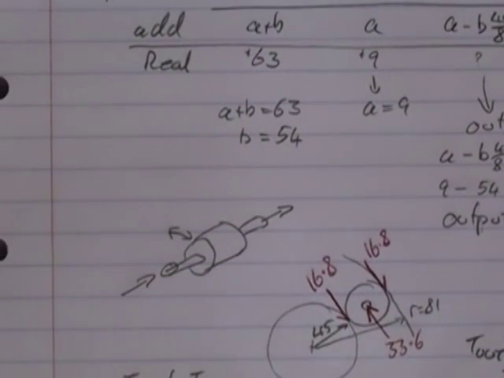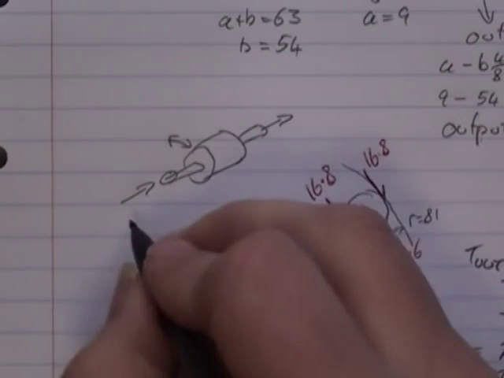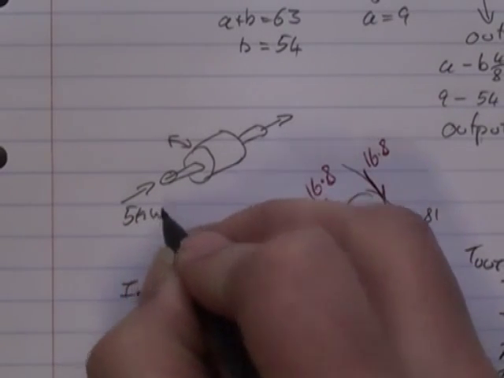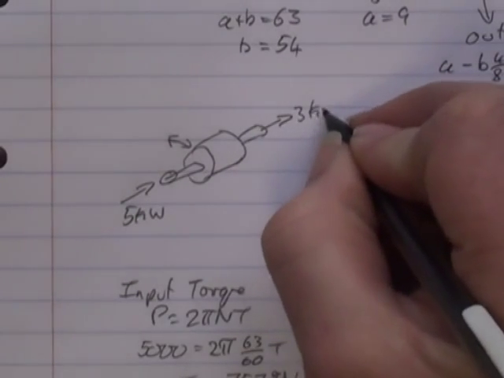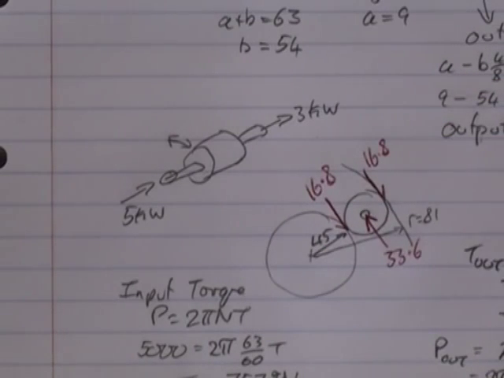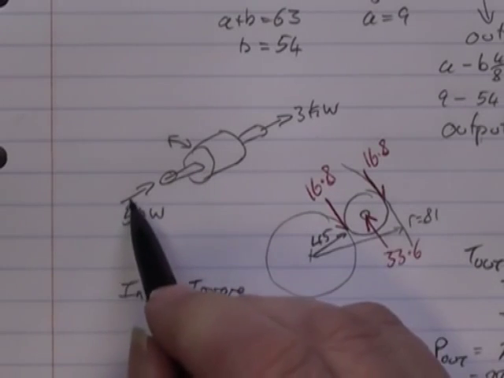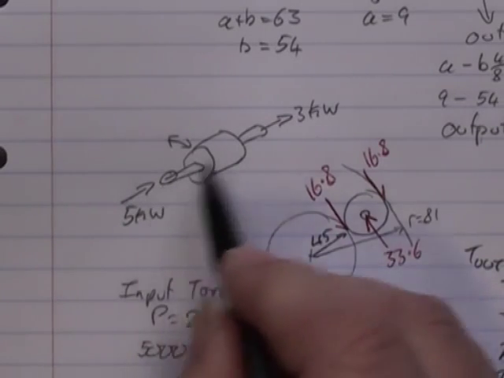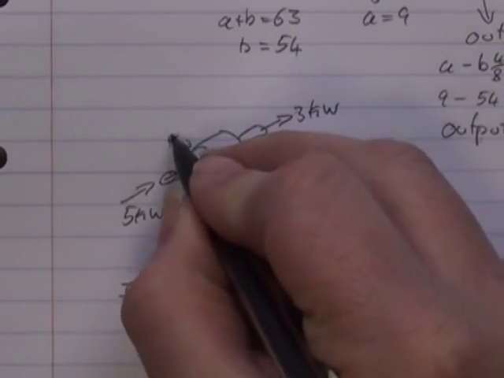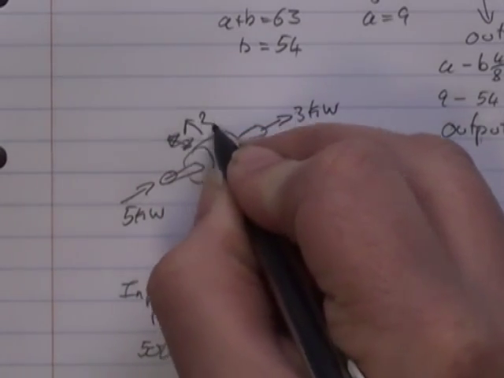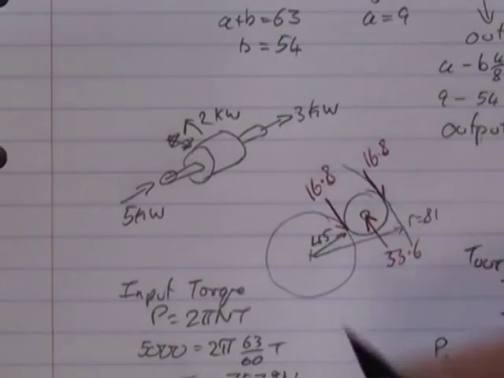So on my little free body diagram here, I'm going to have 5 kilowatts going in there, 3 kilowatts coming out here. Conservation of energy must apply. 5 in, 5 out. 5 in there, 3 out there. There must be 2 coming out here.